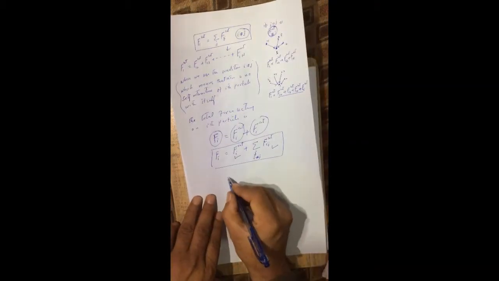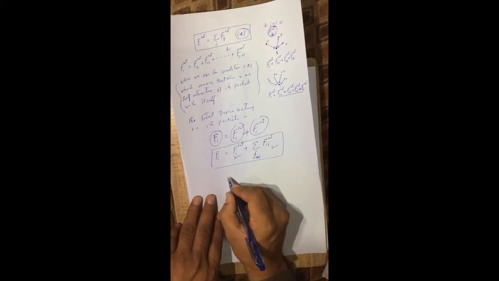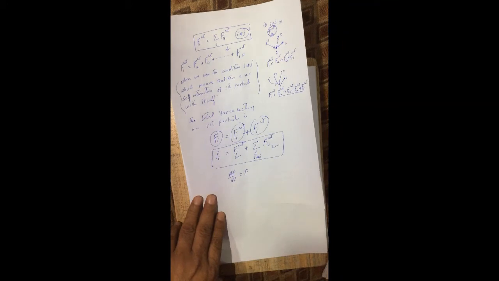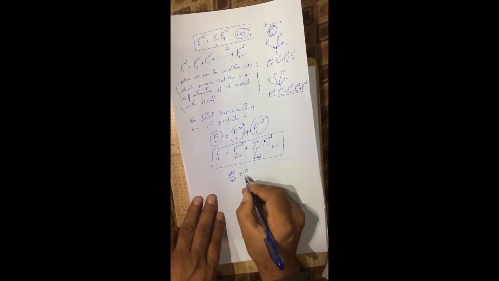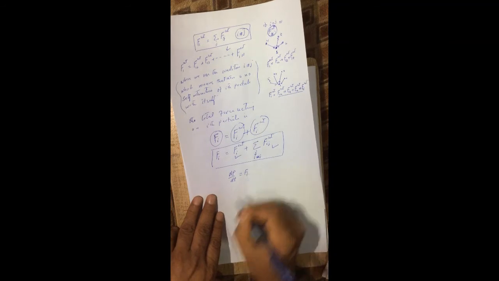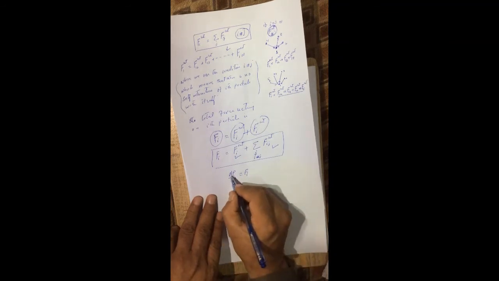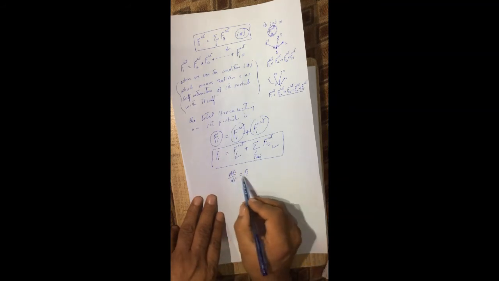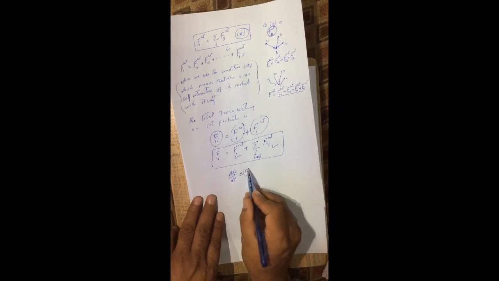Now we know that rate of change of momentum dp over dt is equal to the force. If I have to calculate the force on the ith particle, then I write dp_i over dt, the rate of change of momentum of the ith particle, is equal to the force exerted on the ith particle.